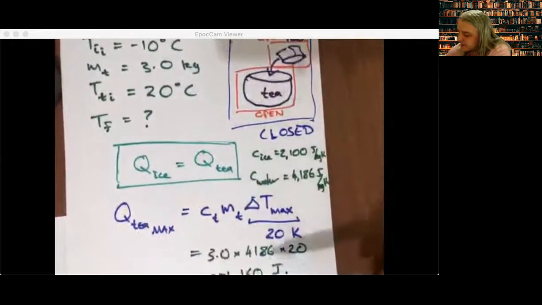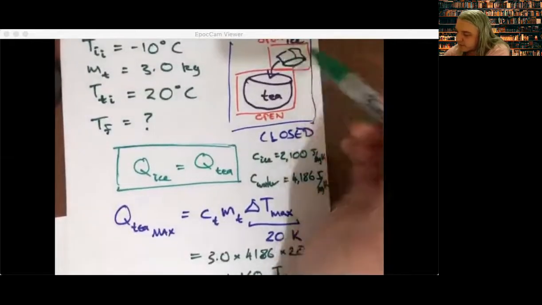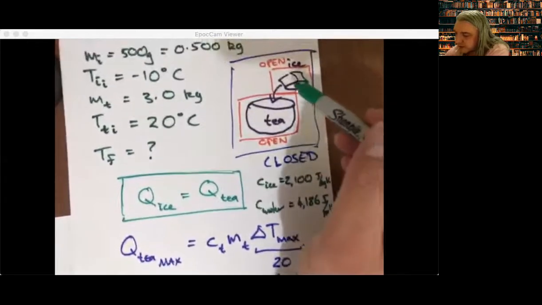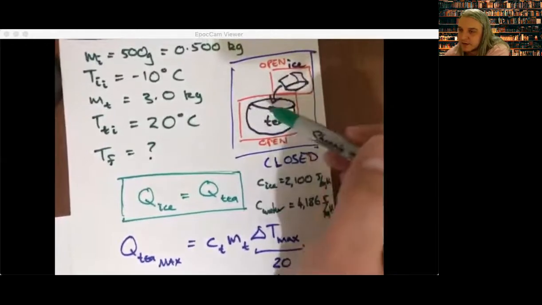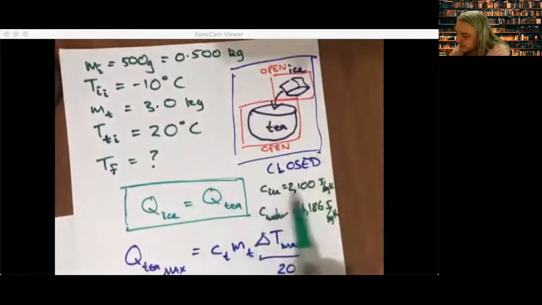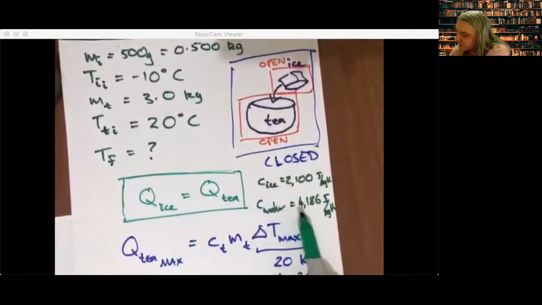Of course, if it's not enough energy to even bring it up to 0 degrees C, then we would expect that the ice would still be completely solid, and the tea would start to freeze. But we can expect that not to happen just by basic consideration of these values. The water gives off a lot more energy as it cools down than the ice needs to heat up.